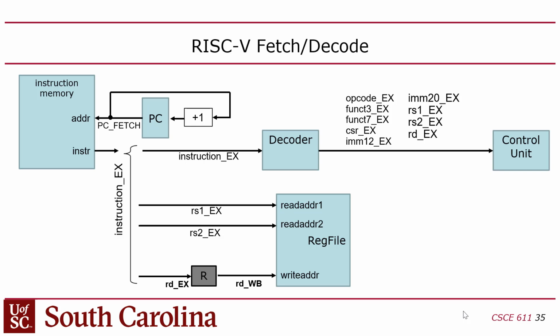So this assign statement isn't doing anything logically, hardware-wise, but it's just kind of renaming it. And then when you declare that signal, you have to declare logic 11 down to 0, immediate_EX. So I've declared a 12-bit signal called immediate_EX, and then I just have one assign that assigns it. So that way, when you're designing your CPU, it's easier to keep track of these parts of the instruction.